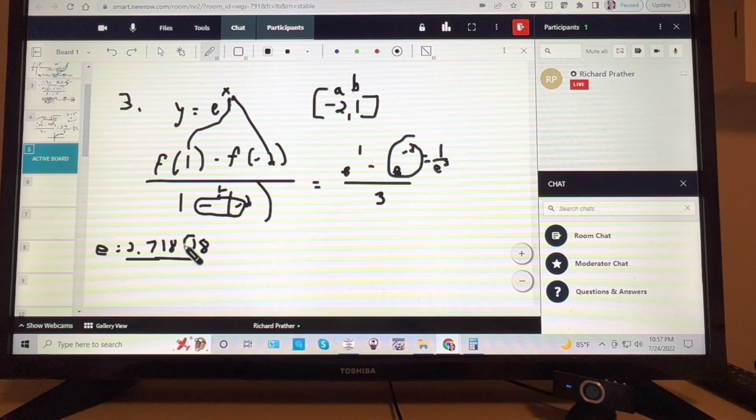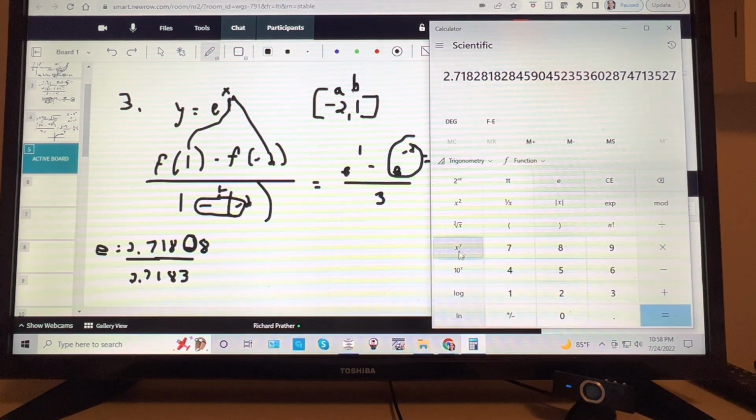So you'd have to make this a 3. 2.7183. That's what e is. And I can square it. Oops, I square rooted it. Sorry. Square it. Okay, there it is, squared. And then if I do 1 over it, that's what the second half of this fraction would be.